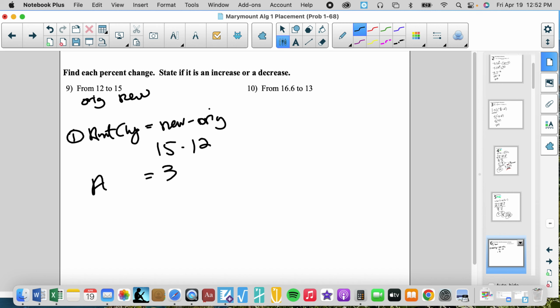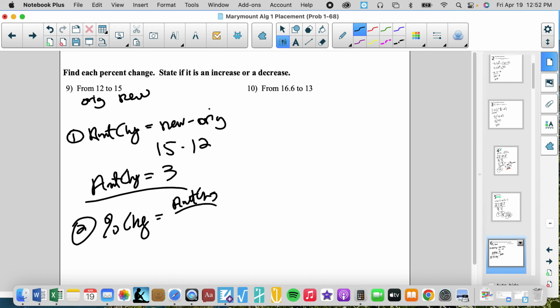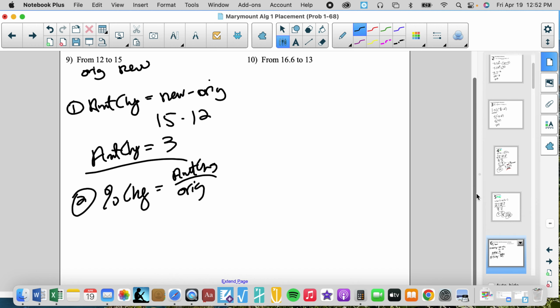So my amount of change is going to be 3. Step 2 is find the percentage of change, which is the amount of change divided by the original. Very important part right there. So our percentage of change for this problem is 3 over the original, which is 12.